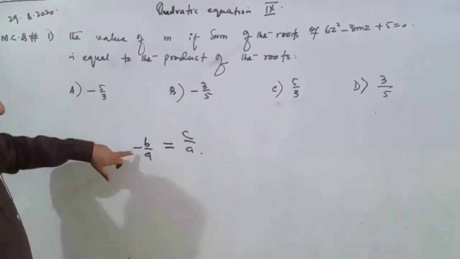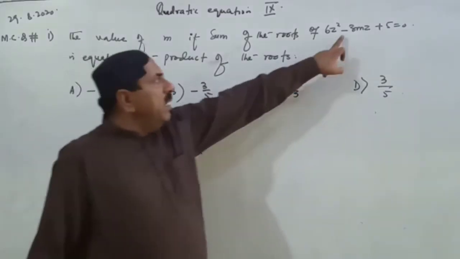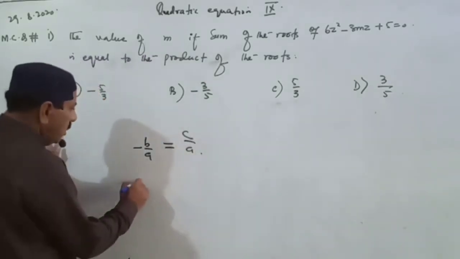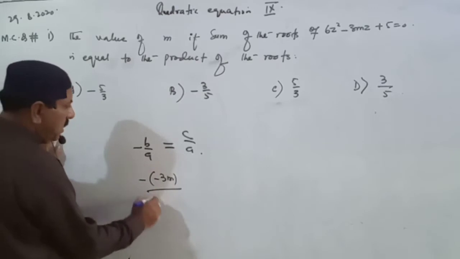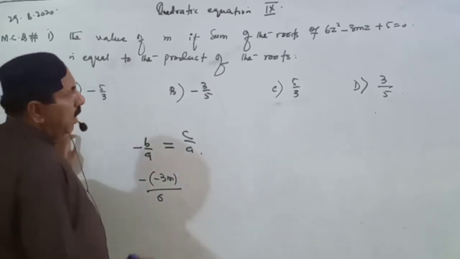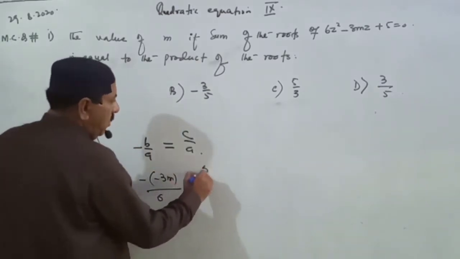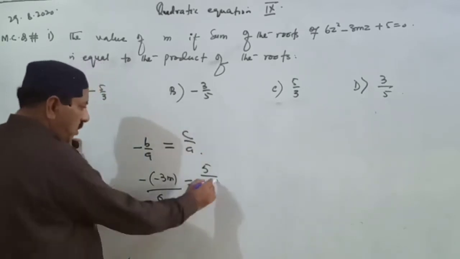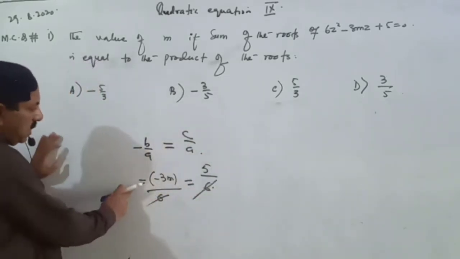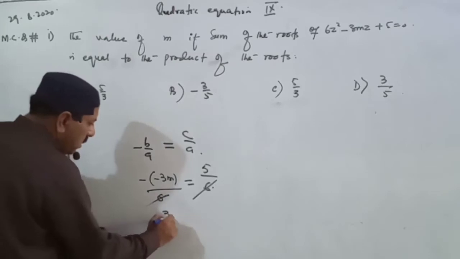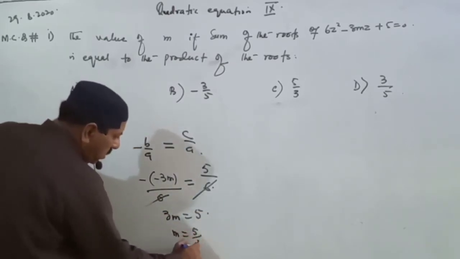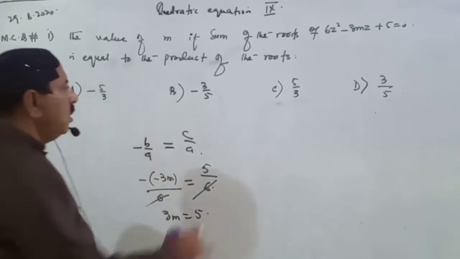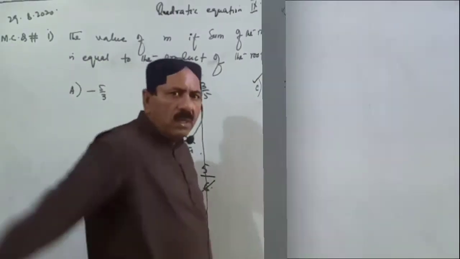So here minus b means minus of minus 3m upon a means upon 6, is equal to c means 5 upon a means 6. This will be 6 is cancelled. Minus into minus plus 3m is equal to 5. m should be equal to 5 upon 3. C is the correct option.